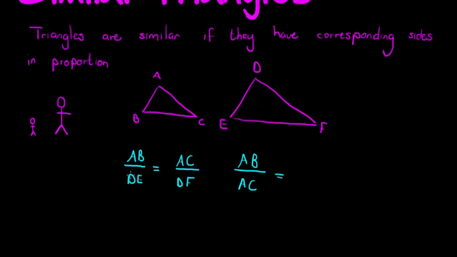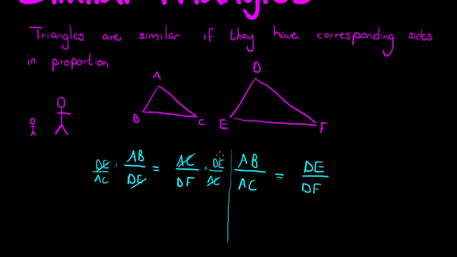I also multiply both sides by DE, and I divide both sides by AC. Now this side cancels, this side cancels, and I end up having DE over DF.